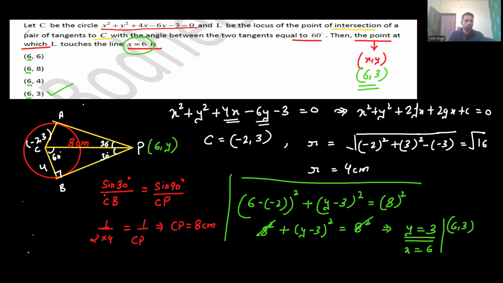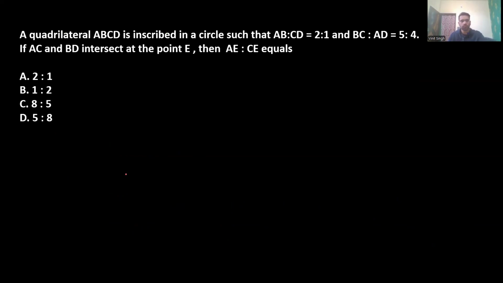Now move to the next question. A quadrilateral ABCD is inscribed in a circle such that AB ratio CD is 2:1, BC ratio AD is 5:4. If AC and BD intersect at a point E, then we have to find the ratio of AE and CE.